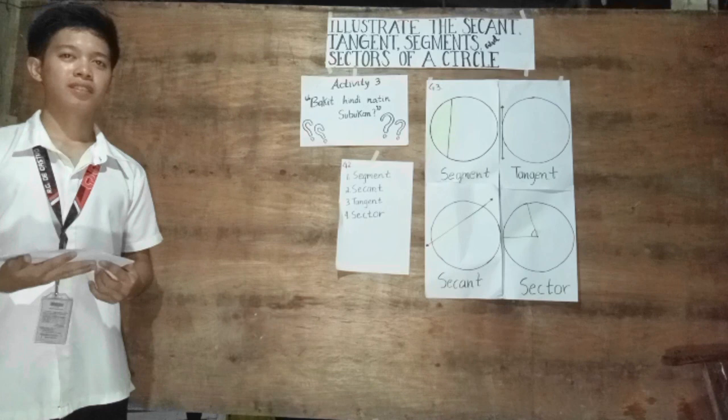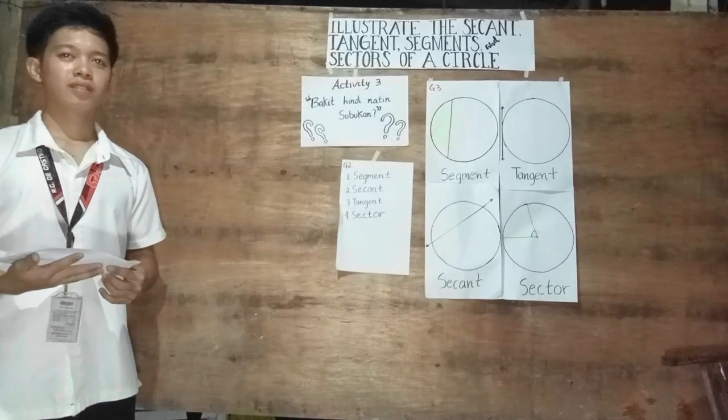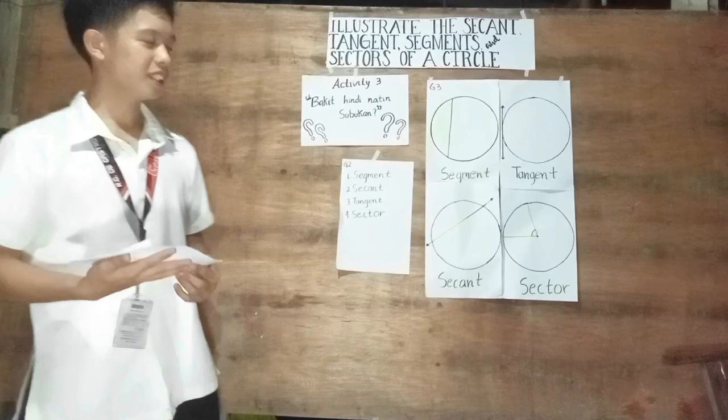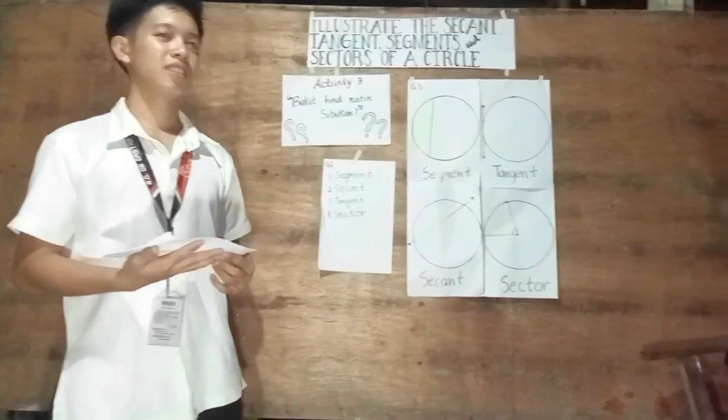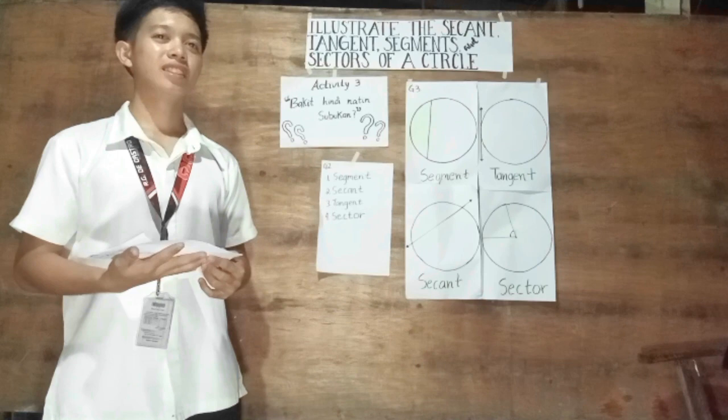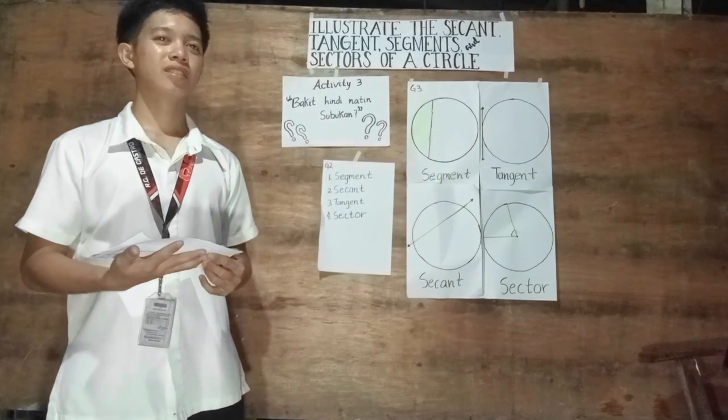A line that intersects the circle at exactly 2 distinct points. 2. Tangent. A line that touches the circle at a single point. 3. Segment. The region created by a secant or a chord with the corresponding arc of the circle. And 4. Sector. The part of the circle enclosed by two radii and an arc of the circle.